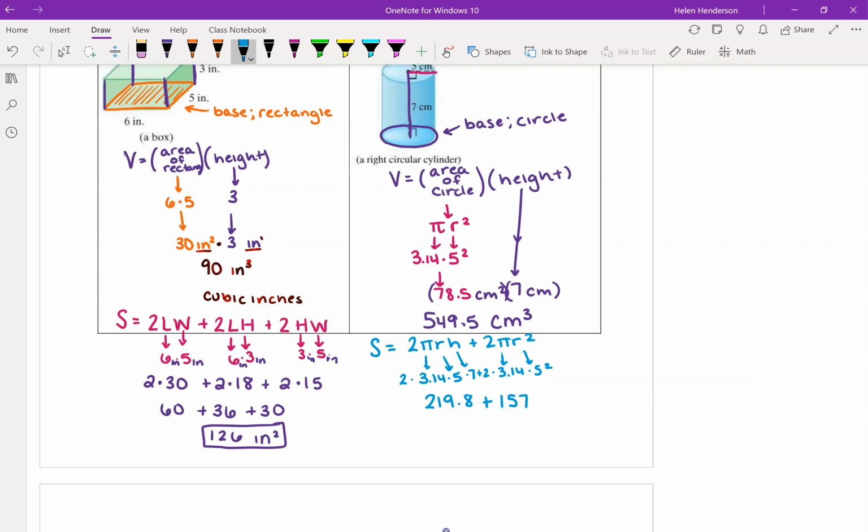Now I'll add those two numbers together, and that gives me 376.8. Now let's go back. We have to figure out the units for this. Because this is a surface area, the units are square units. So I would have square centimeters, and that would be the surface area of that can or that right circular cylinder.